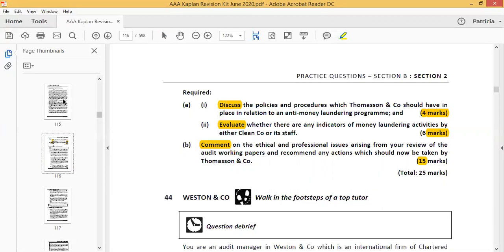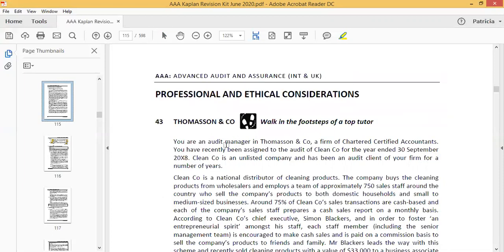So if we go quickly to the question, we're talking about Thomasson and Company. You're an audit manager in Thomasson and Company. So Thomasson and Company here is the auditing firm, and you've been recently assigned to the audit of a client called Clean Co. for the year ending 30th September 2008.